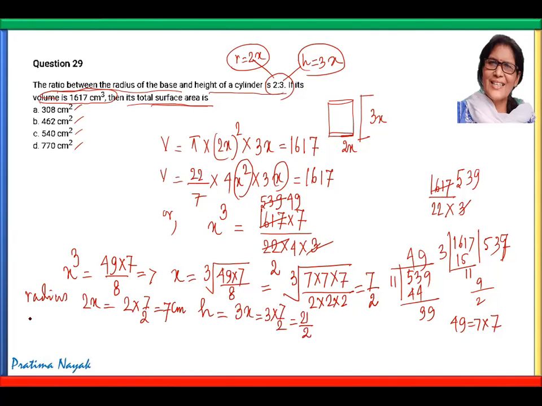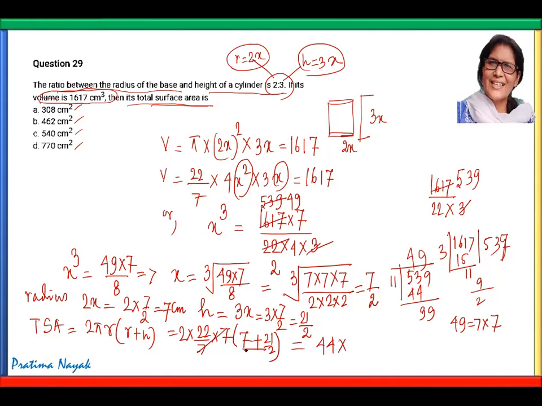Now coming to total surface area. So this will be 2 pi r within bracket r plus h. So it will be 2 into 22 by 7 multiplied by r, which is 7, into 7 plus 21 by 2. So cancel 7 7, 44 multiply.